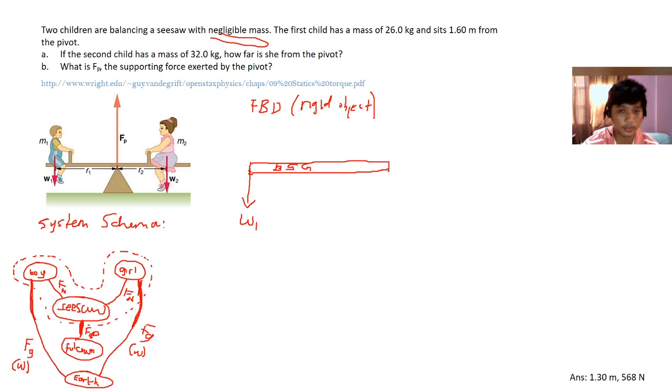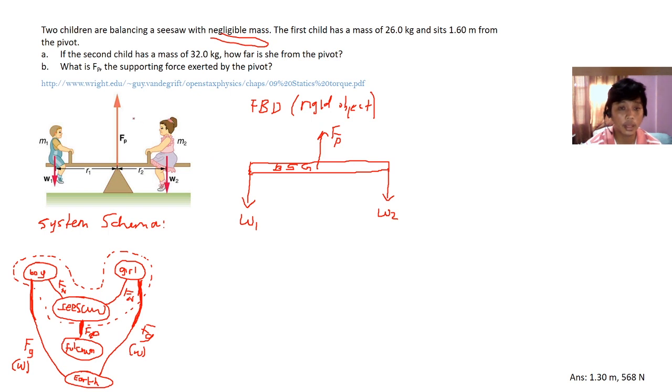And the weight of the girl is acting downward, weight 2, FG2. Acting on the middle is the normal force that the fulcrum exerts on our system, but we call that FP because that's what's written here in the problem.